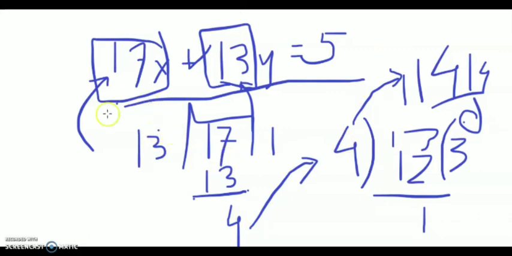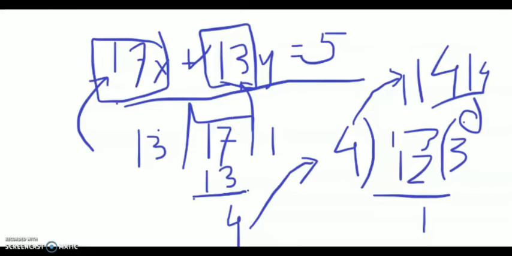Remember, here 13 is the divisor, and in the next step it becomes the dividend, and the remainder 4 becomes the divisor, and we perform the same division. In this division, we get 3 as a quotient and 1 as a remainder. In the next step, this remainder 1 becomes the divisor and the divisor 4 becomes the dividend, and we continue this process until we get remainder 0. In this division we already get 0, so no further division can be made.